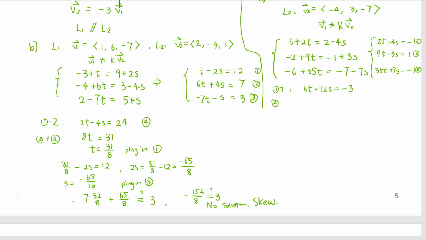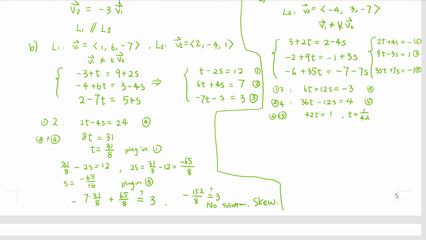Second equation times 4 gives us 36t minus 12s equals 4. These are equations 4 and 5. We can add them. As cancel, we have 42t equals 1. So t equals 1 over 42.